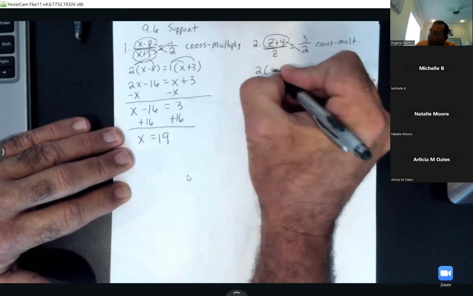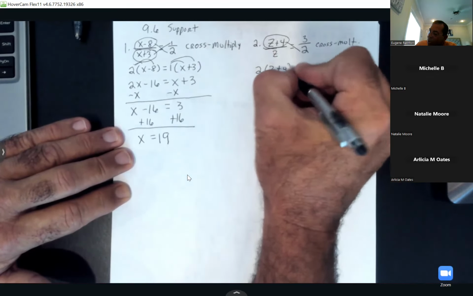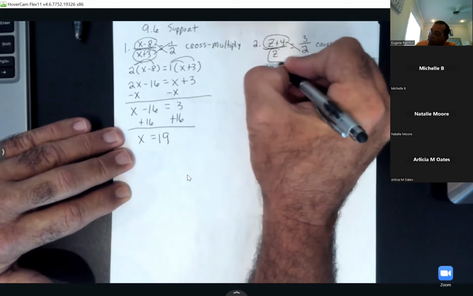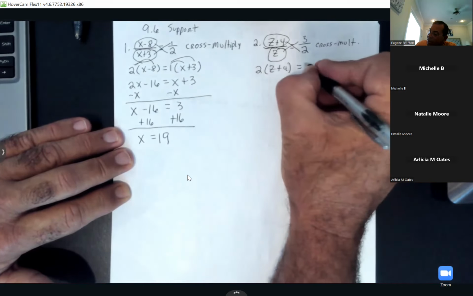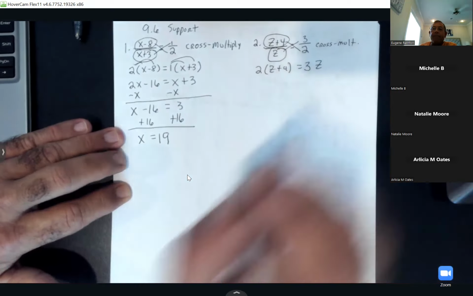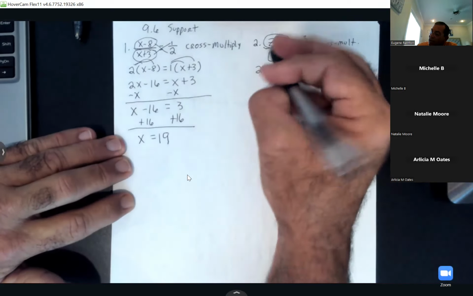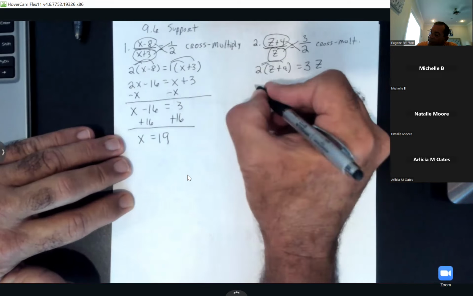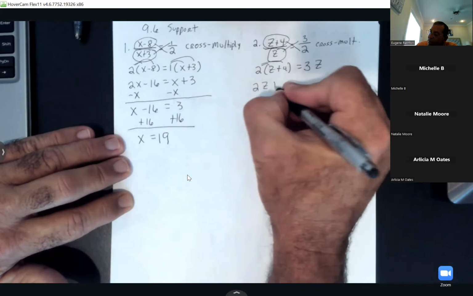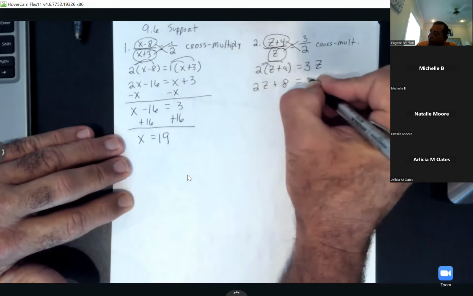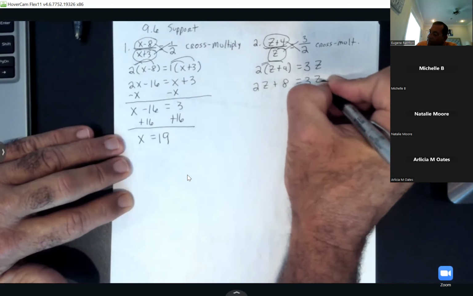That's going to give me 2 times Z plus 4. That's going to equal this Z times the 3. So distribute, get rid of your parentheses. 2Z plus 8 equals 3Z.